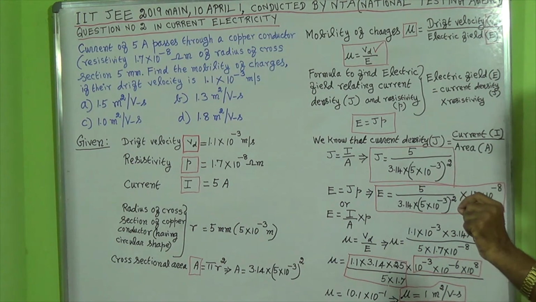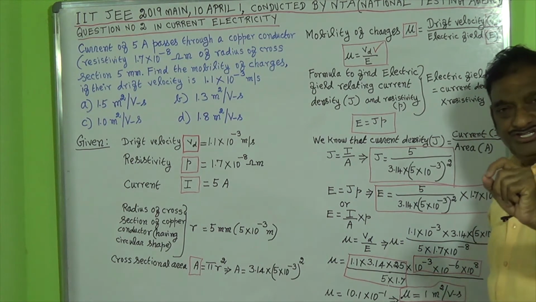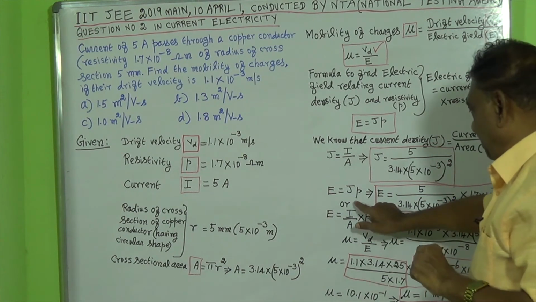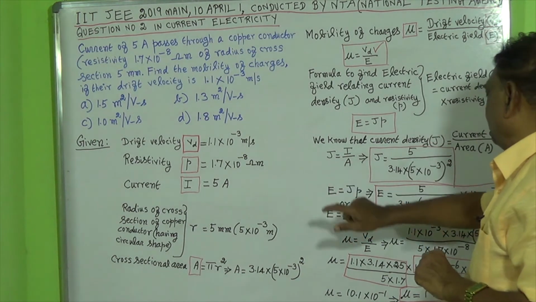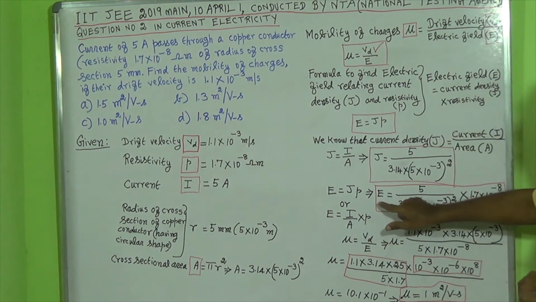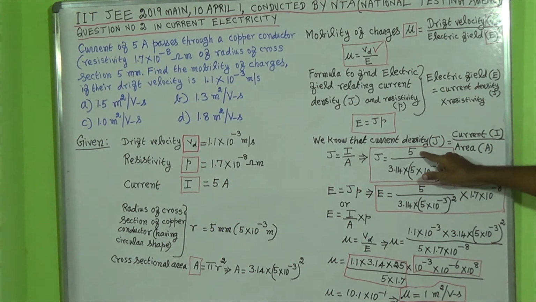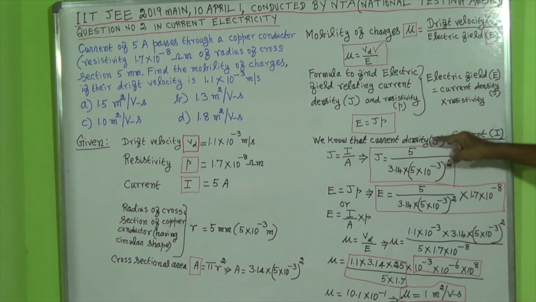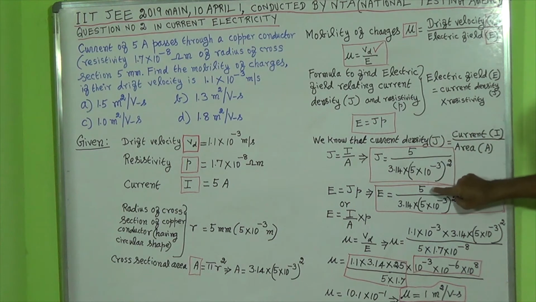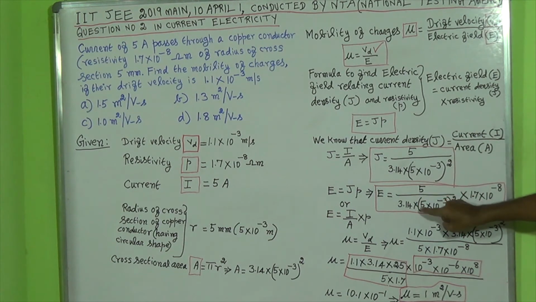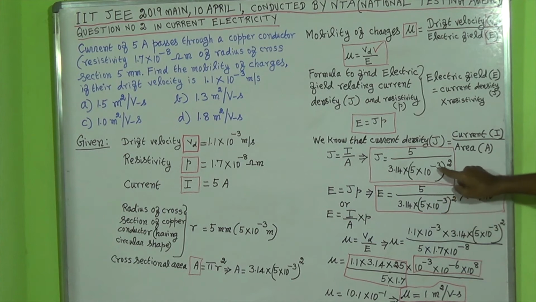If we multiply the current density with the resistivity, we will get the electric field. So therefore, electric field capital E equal to current density. What is the current density? We have determined the current density as 5 by 3.14 into 5 into 10 to the power of minus 3 the whole power 2.